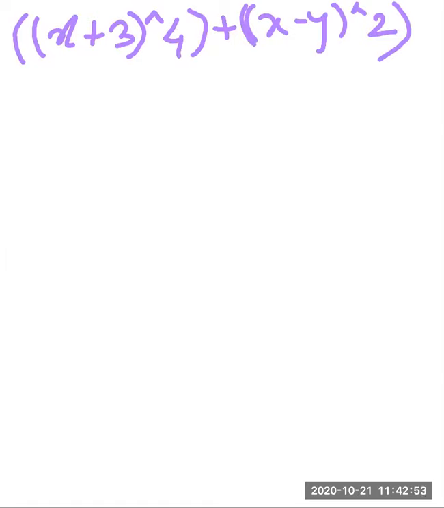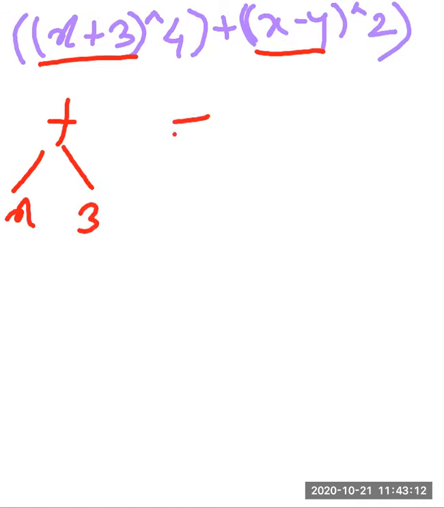Now, what would be solved first? The first things to get solved will be this and this. So we build the expression tree for these two parts first: plus with x and 3, and minus with x and y.